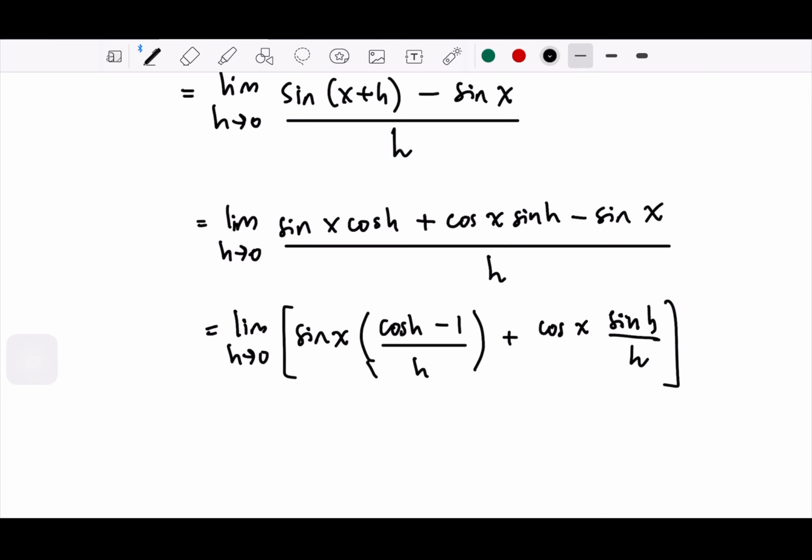Okay, let's separate the limit. So the first limit is the limit as h approaches 0. Let me write everything in terms of limits so you can see the separation.